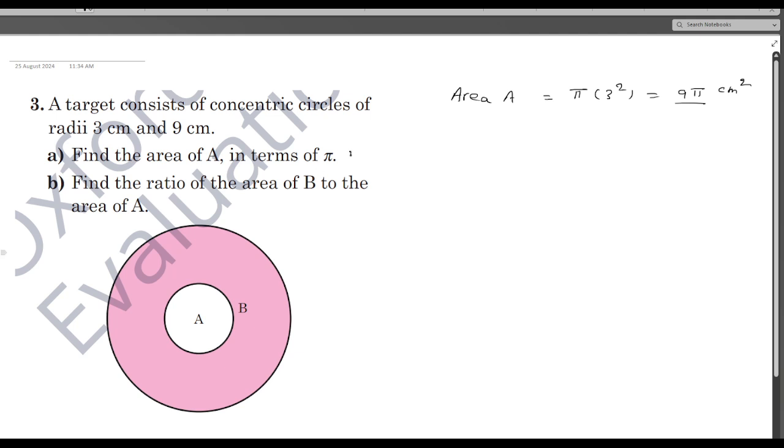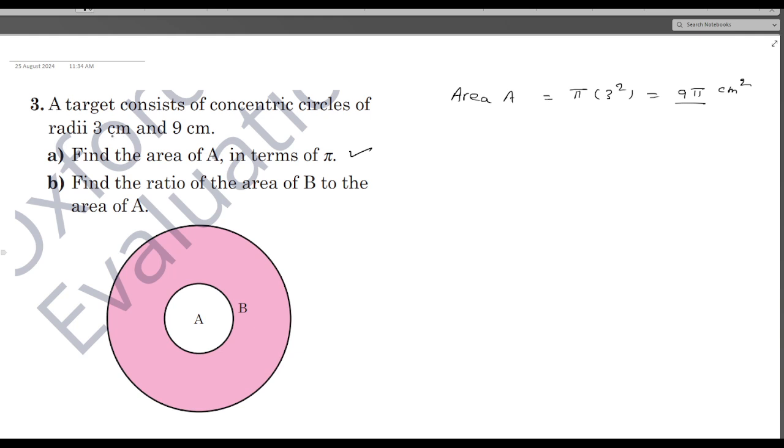Now, find the ratio of area of B to the area of A. B, if you see, is this shaded part. Let me see once again.